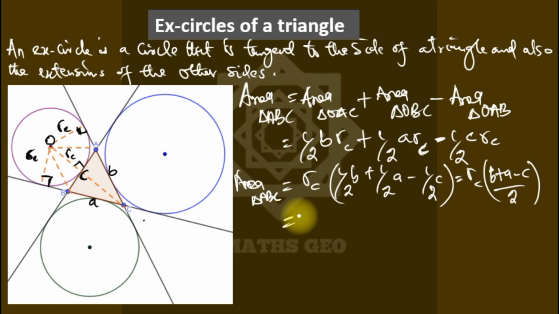But because we want to introduce the semi-perimeter of the triangle, we can write this as A plus B plus C minus 2C, because C minus 2C is minus C, over 2.